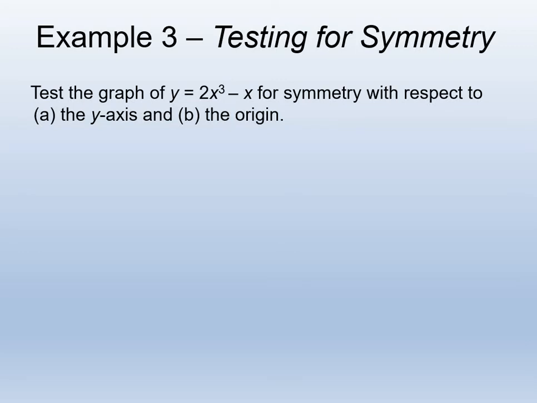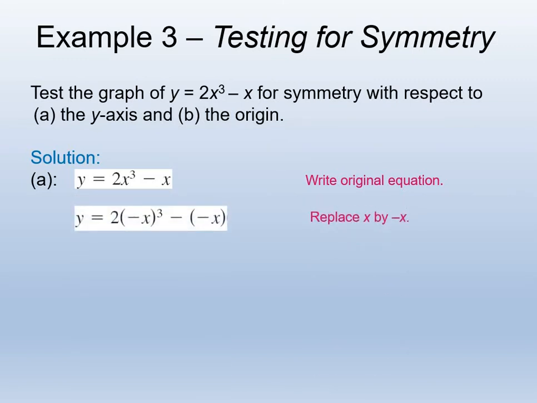When we substitute in a negative x here, we have negative x cubed, which produces negative x cubed. So when we substitute in a negative x for both x's, we get a different equation. We get negative 2x cubed plus x. So we know it's not symmetrical to the y-axis because we did not get back the same equation. Does that make sense?